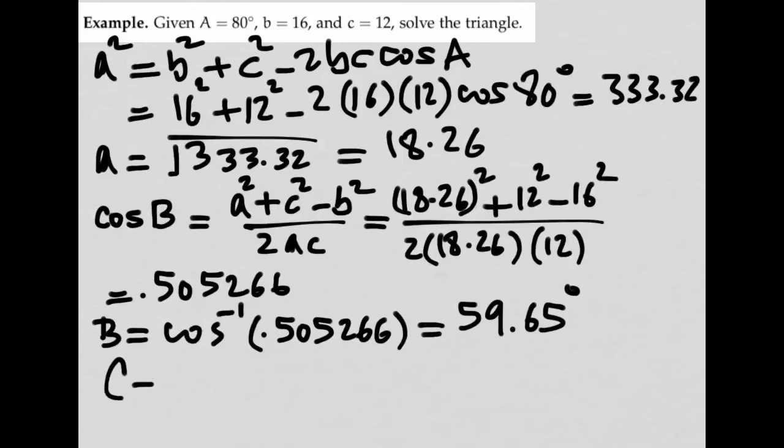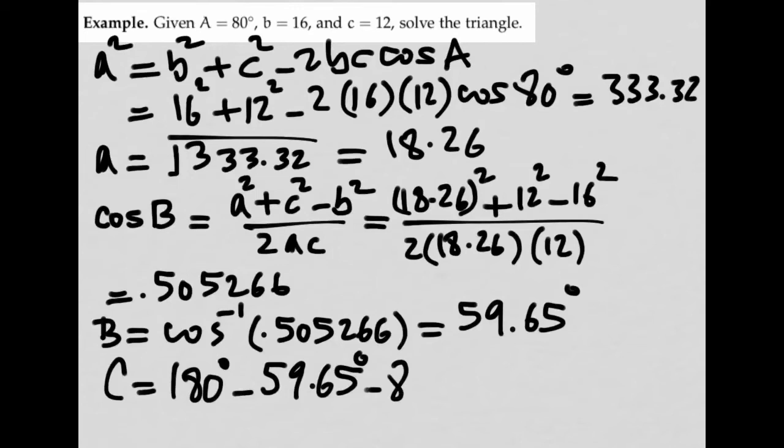Finally, angle C is 180 degrees minus 59.65 degrees minus angle A, which is 80 degrees, and that's equal to 40.35 degrees.